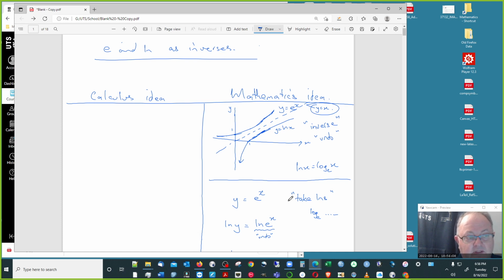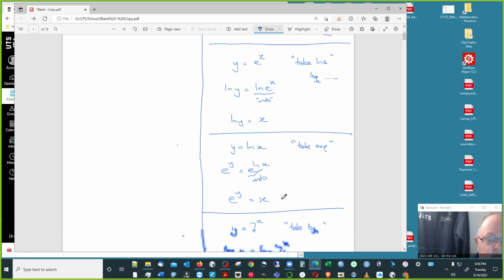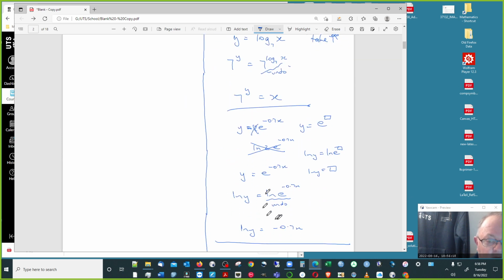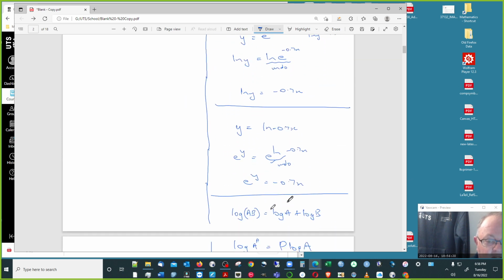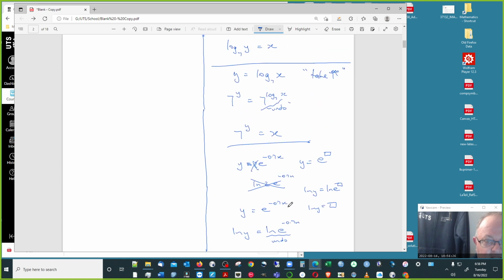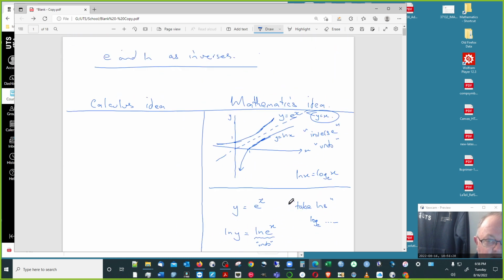But this is why the maths idea needs to come across in one form or another. And then on top of that, you've got log manipulations for solving questions. But try to separate the explanation in terms of undo from log laws and log manipulations for solving equations. So what's the story with the calculus idea?